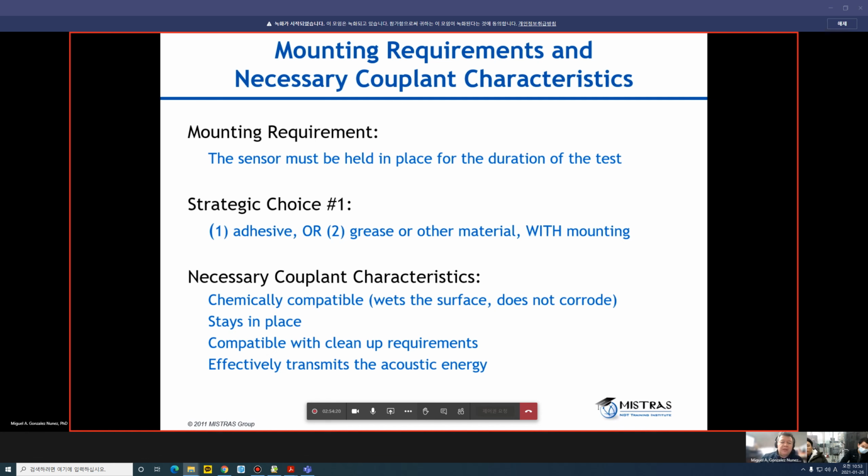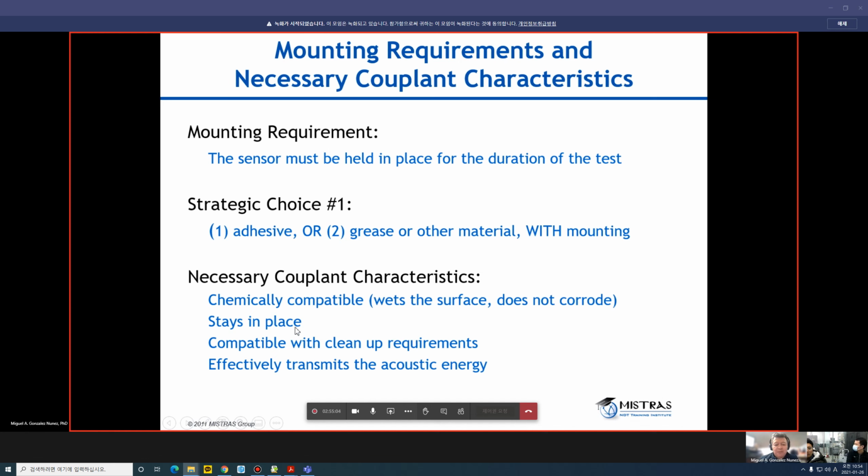So the mounting requirement is that the sensor must be held in place for the duration of the test. There is a strategic choice of adhesives. It can be an adhesive, it can be a grease, or other material with mounting devices. The necessary couplant characteristics are that they have to be chemically compatible, they wet the surface of the test piece properly, and they don't corrode or attack the surface of the test piece.